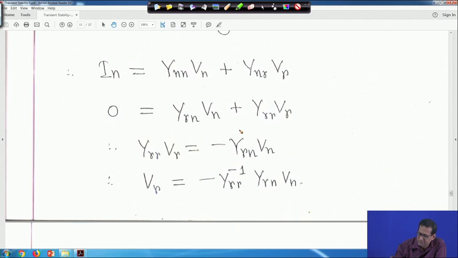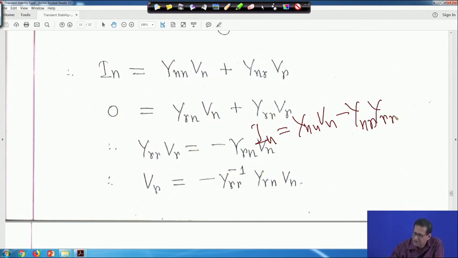then what you will get, I am just overwriting that In is equal to Ynn Vn. Now, you substitute here, so because of the minus it will be minus Ynr, then Yrr inverse, then Yrn, this Vn, right.